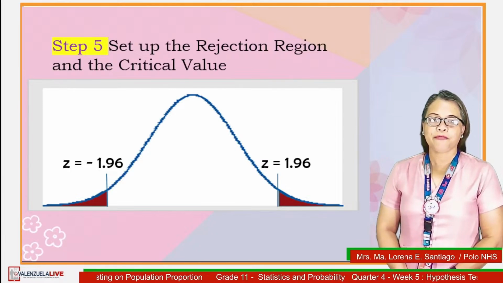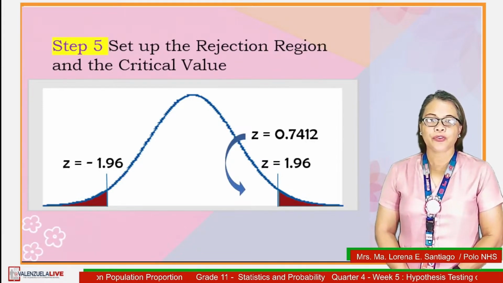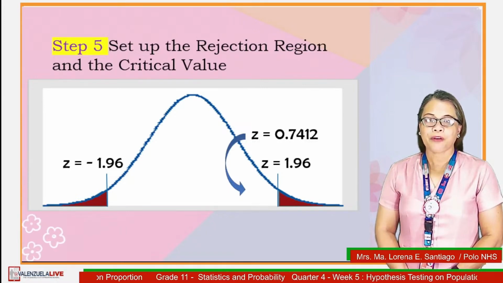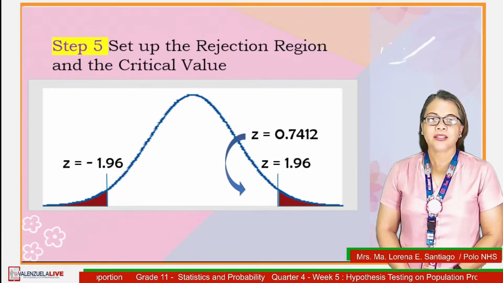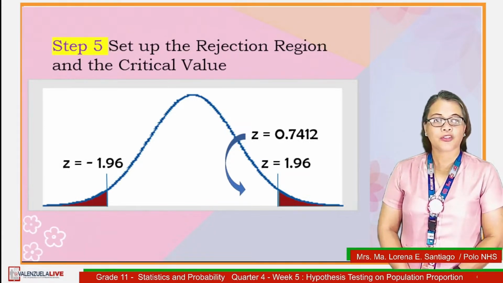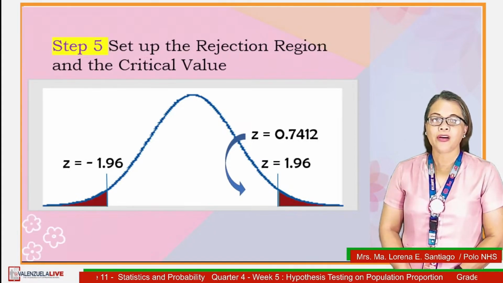Now the computed value, z equal to 0.7412, is less than z equal to 1.96, which means it is outside the rejection region.